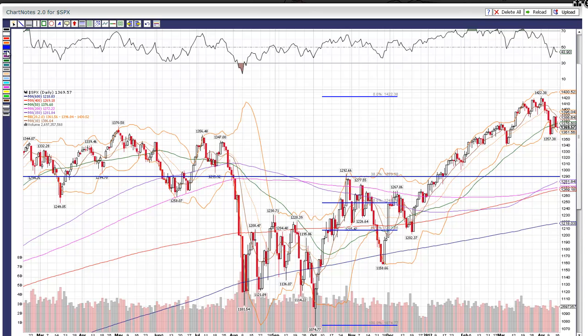Now if you draw a line here and extend this up, you'll see that support has been broken, and you can also see where the line is creating resistance. That sets up where this cross is right here, a key spot, and that's 1292.